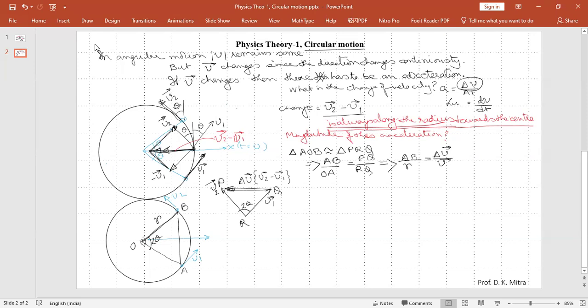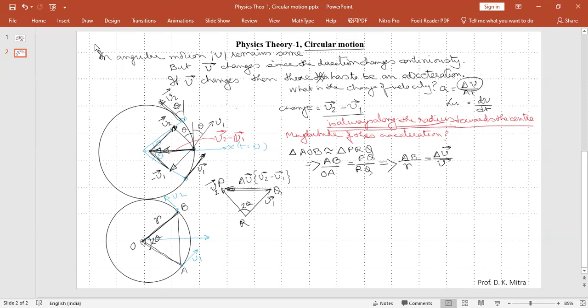Now, in the diagram, we have shown a wide angle of 2 theta. That is for me to draw the diagram, otherwise it will become very clumsy, and for you to understand the diagram.